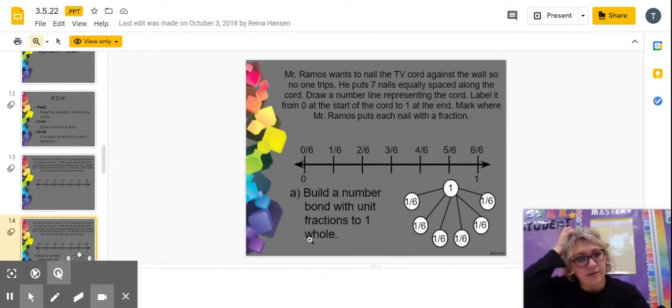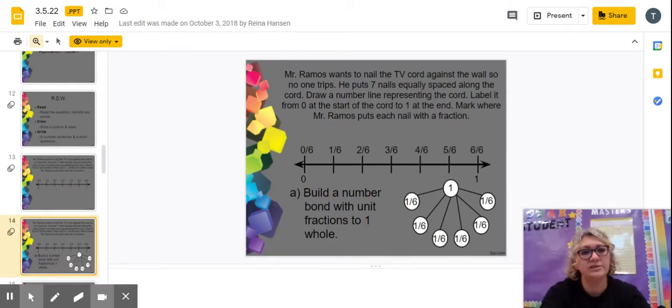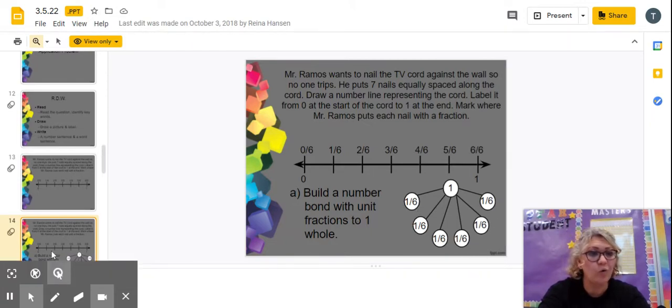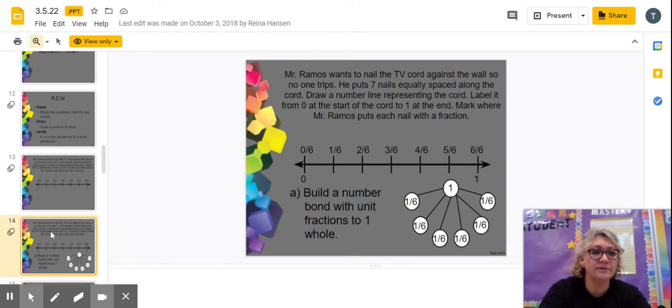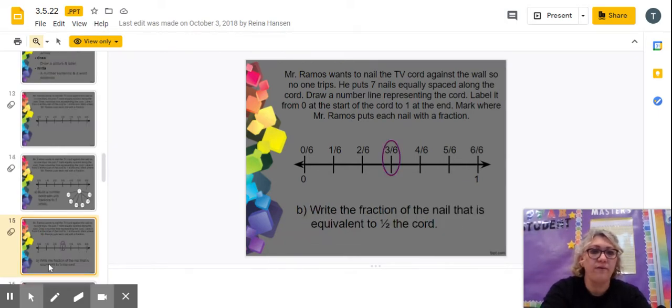Then it says to build a number bond with unit fractions to one whole. So our whole is equal to 1, and our unit fractions are 6 of 1/6. See, 1, 2, 3, 4, 5, 6, and that equals our whole. All right. So write the fraction of the nail that is equivalent to half of the cord.